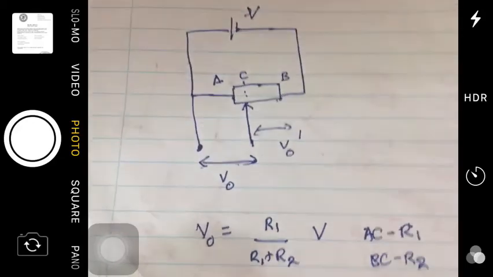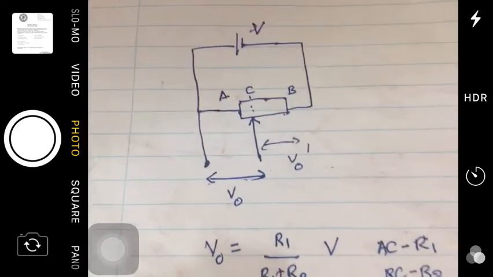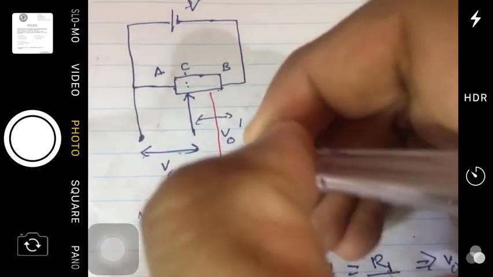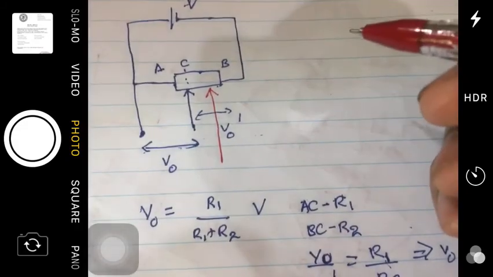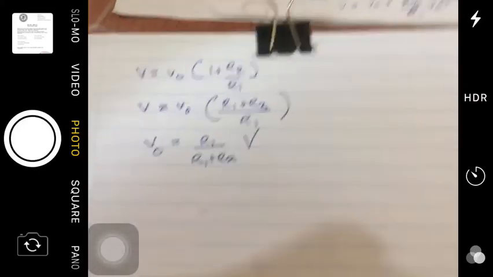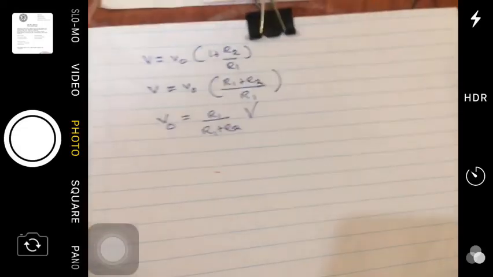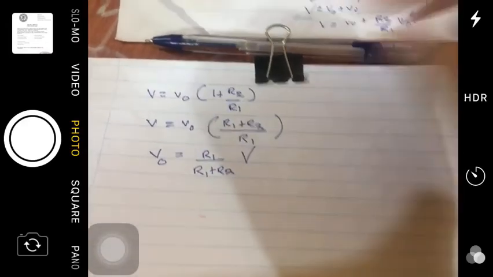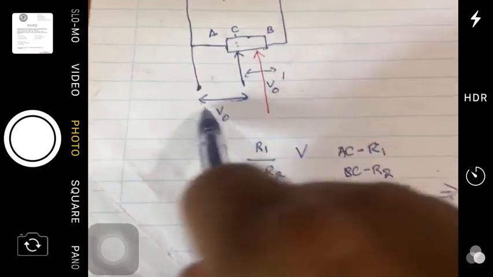Now if I can change the position of this somewhere here, then the resistance of AC would change, that is R1 would change. Yeah, the summation of them would remain the same. R1 plus R2 would remain the same, but by changing the length of AC, I will be able to continuously change the output voltage I need.